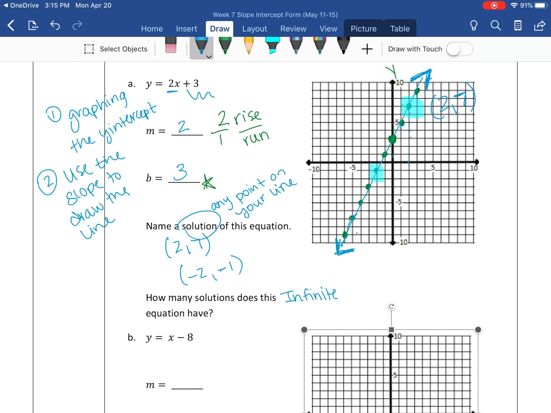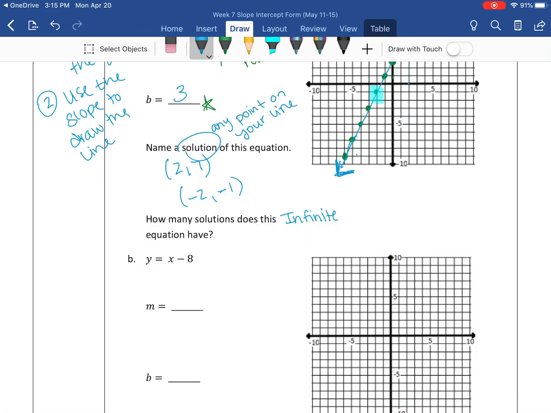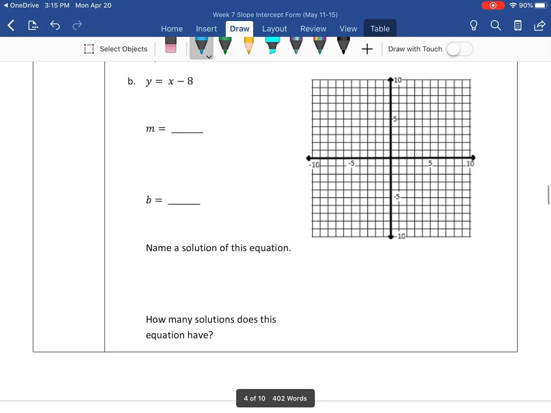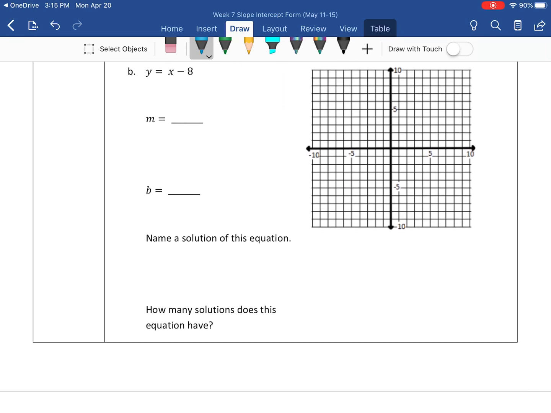So letter B, let's go ahead and look at that, doing a similar type of thing, except with the equation y equals x minus 8. Well, here our slope is an invisible 1, and our y-intercept is negative 8. Well, that first step is to start with our y-intercept.